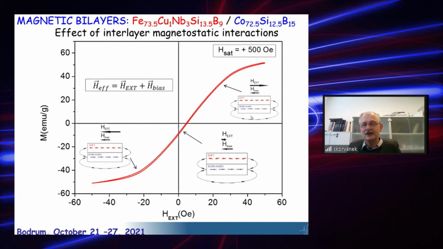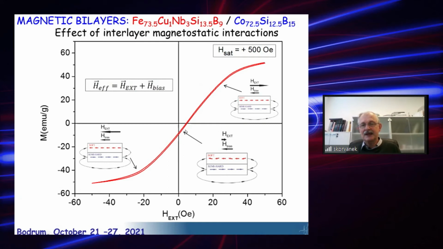But if we look at this, the dipolar field from this semi-hard layer closes through this soft layer, so it's playing in the opposite way. For example, here when we have an external field in the positive direction, the bias field is oriented in the negative direction.